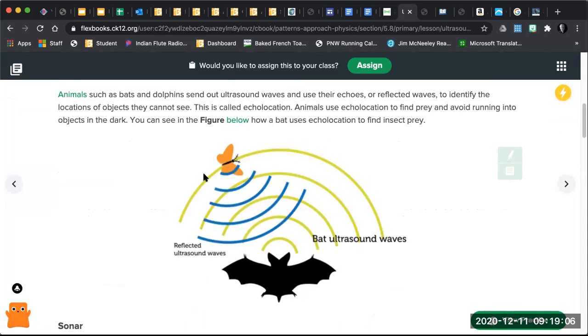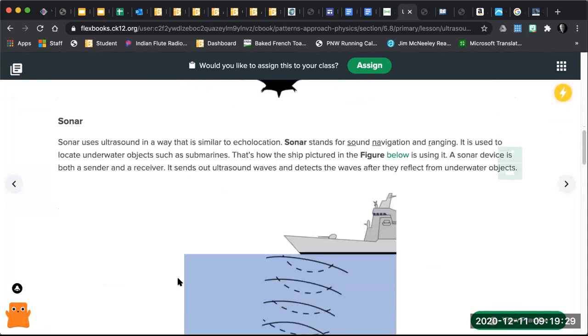This is things like how bats or whales identify things around them. Ultrasound can be incredibly accurate. Bats are able to identify a tiny insect while the insect is flying and the bat is flying, and the bat is able to capture the insect for food.